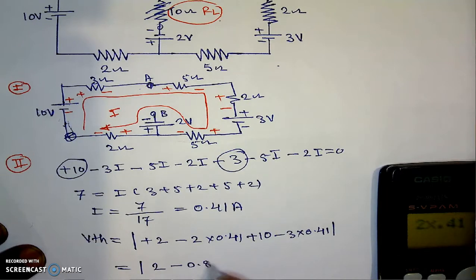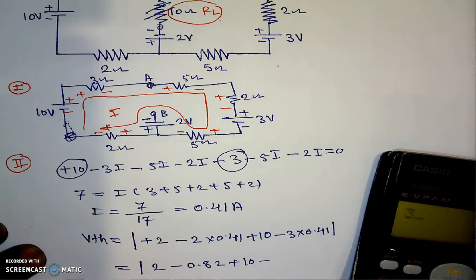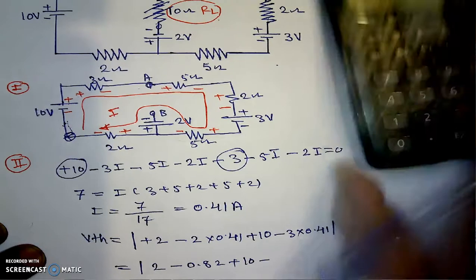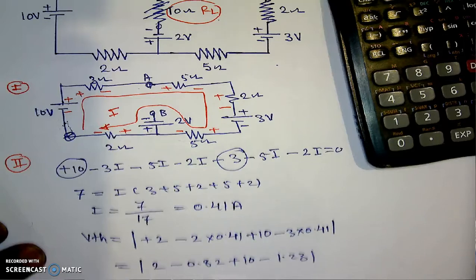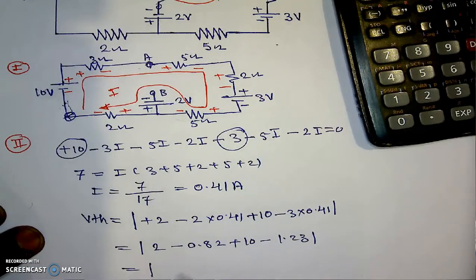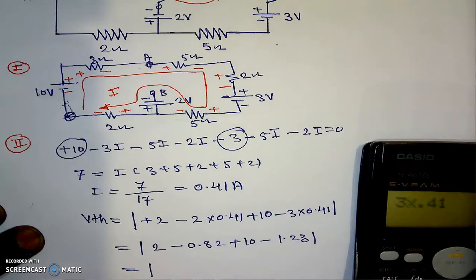This is 0.82 plus 10 minus 3 into 0.41, which is 1.23. This is 1.23, which is equal to, here I will do these calculations.